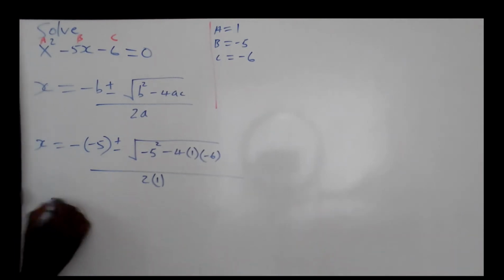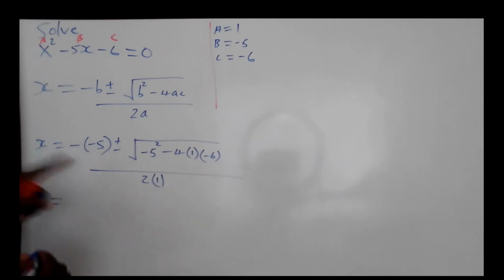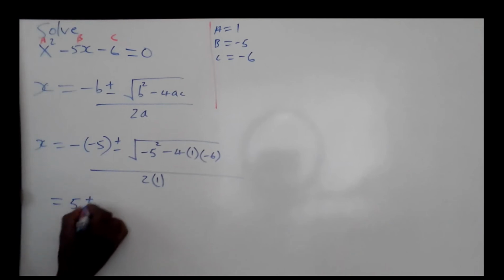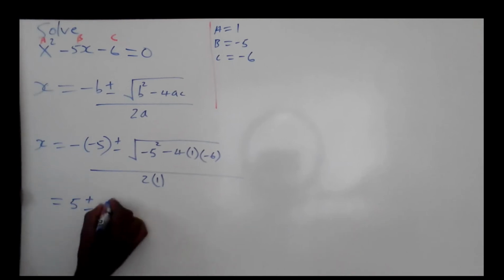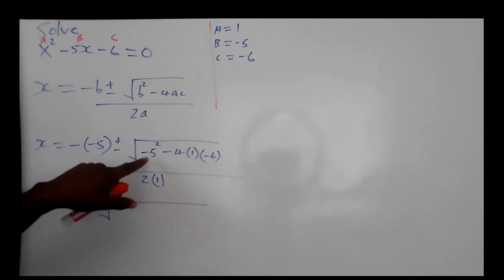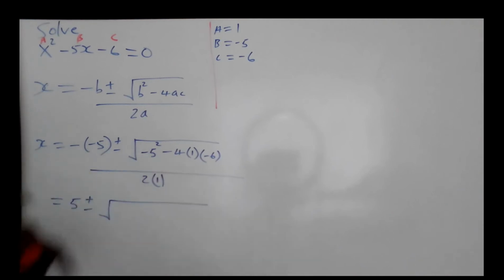So we can write equal, negative times negative give us positive, therefore we have a positive 5. Plus minus square root. When you square a number, it becomes positive. Even if it's a negative number, it is going to be positive. So negative 5, so we're going to square this negative 5. 5 times 5 is 25.